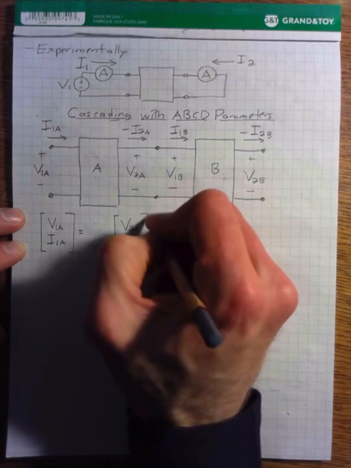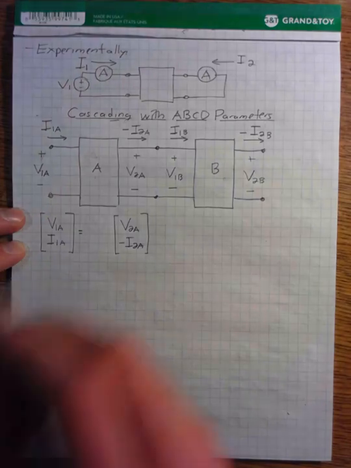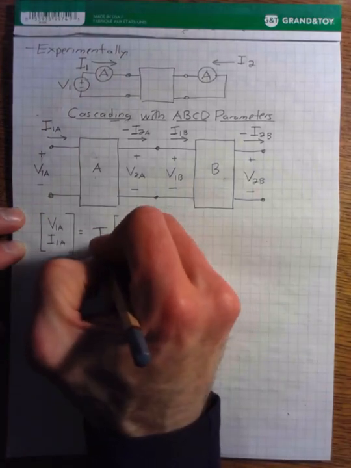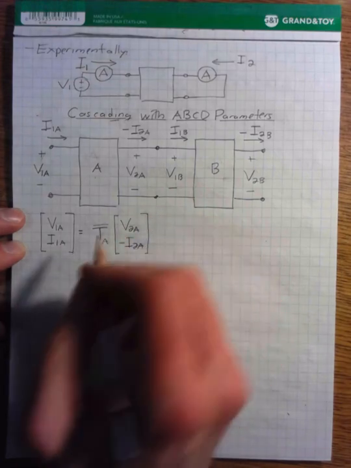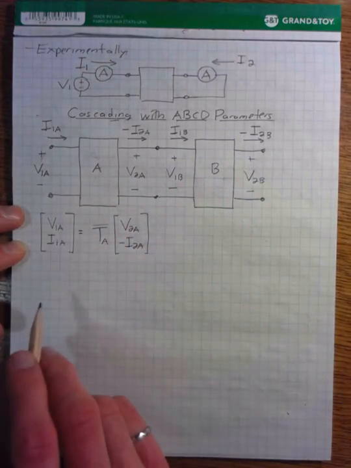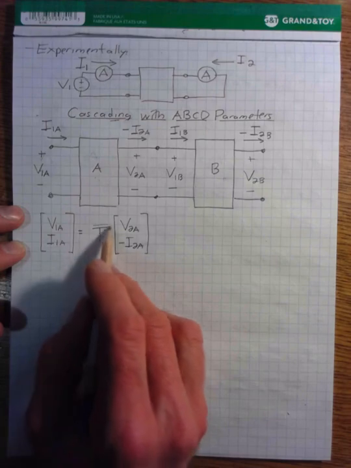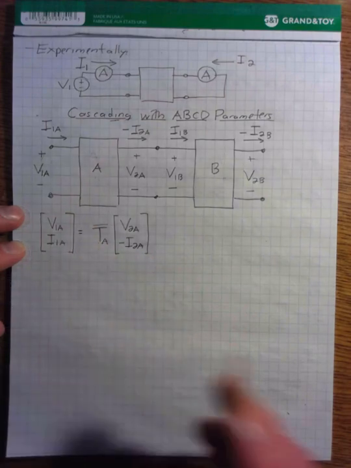I'm not going to write the 2x2 matrix. Instead, I'm going to represent this by the letter T with a little line over it. I'm going to give it a subscript A so that we know it corresponds to system A. Understand, though, that this is a 2x2 matrix.